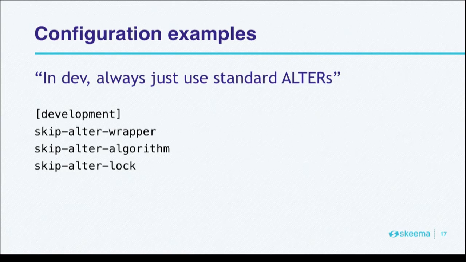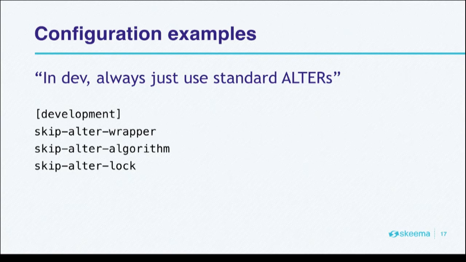You'll also note, if you've ever configured MySQL Server, I'm supporting very similar config semantics in terms of config group names, whereas in MySQL, those configure different specific programs. In Skeema, they configure environments. So here we're saying in development, apply these settings.